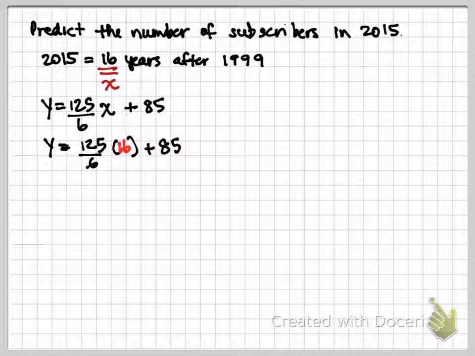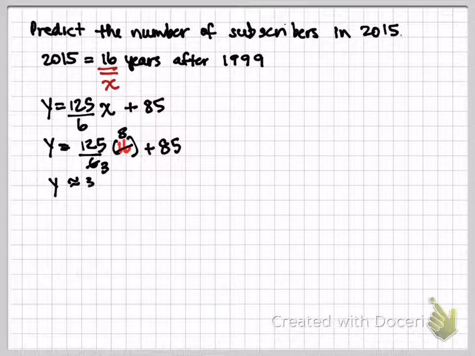I can simplify, these are both even, so divide out a 2, and then multiply with my calculator. 125 times 8 is 1,000, and 1,000 divided by 3 is about 333.33, and I'm going to add 85 to that.